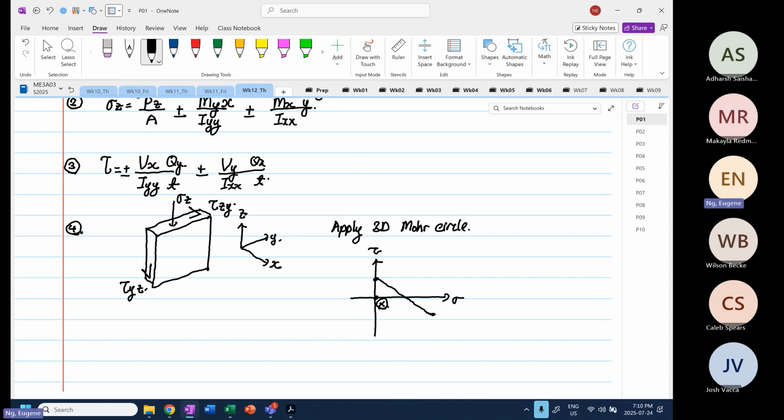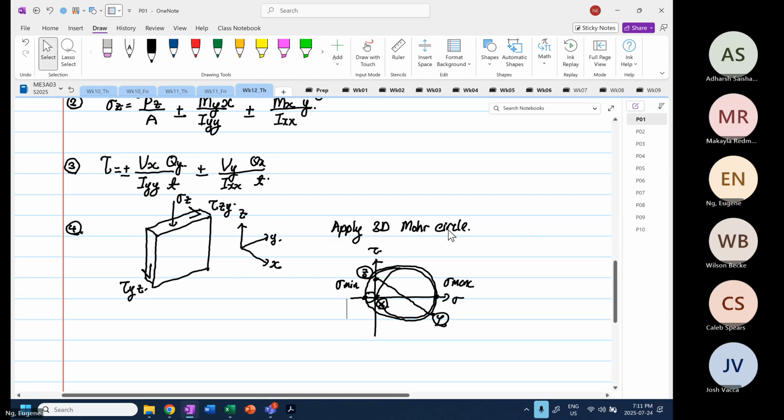This is our point Z, and this is our point Y. Then we sketch our 3D Mohr's circle. Okay. 1 circle, 2 circle, 3 circle. And then from here, we determine our stress max, and then we determine our stress mean.